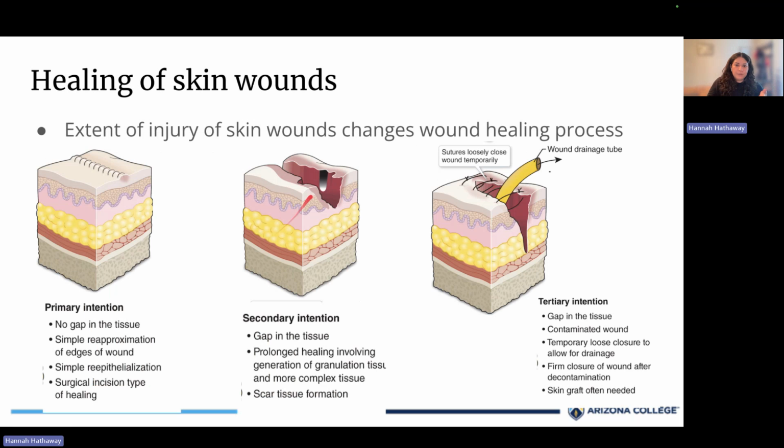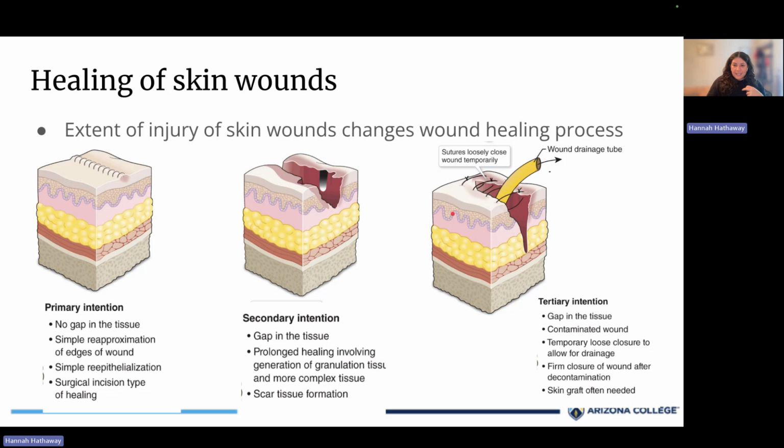Because of that, these types of wounds are going to be more susceptible to scar formation, for example, like a keloid, because there's just going to be that proliferative process happening for a lot longer. And so there's just a longer period of time for things to go wrong and for more cells to be produced than you necessarily need.